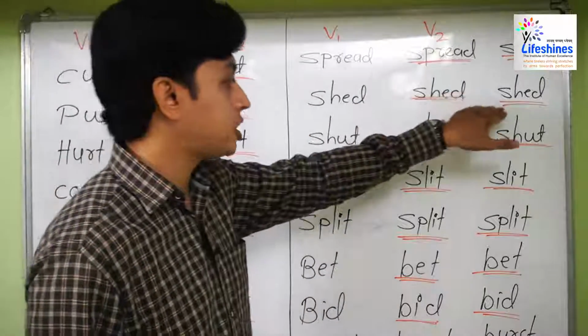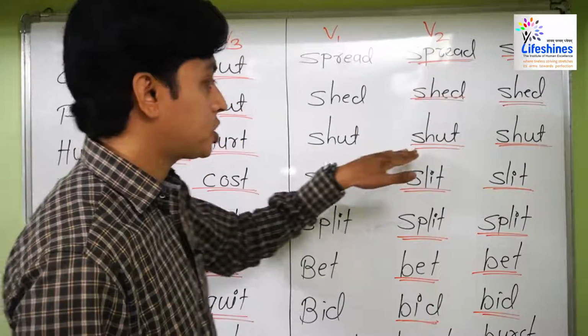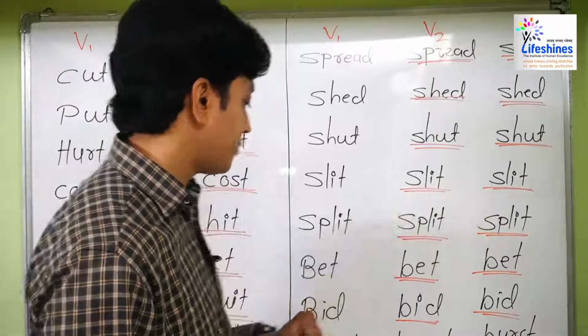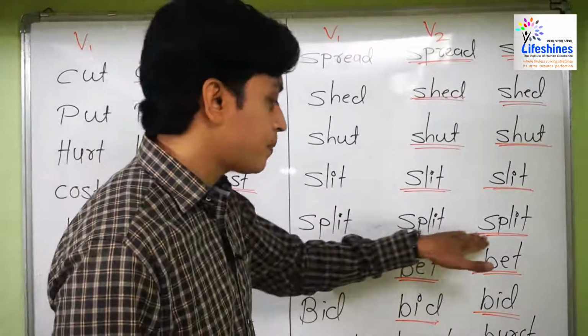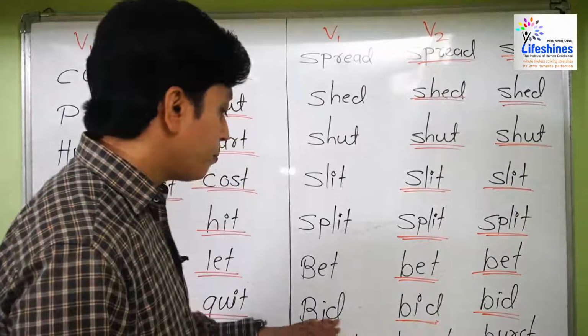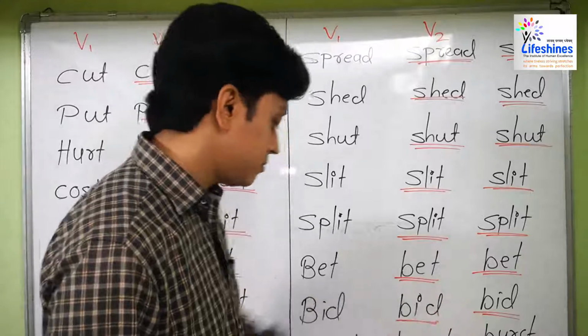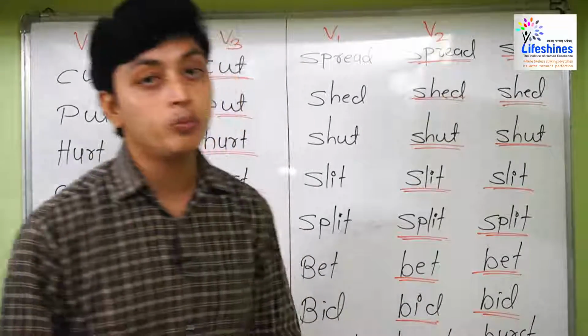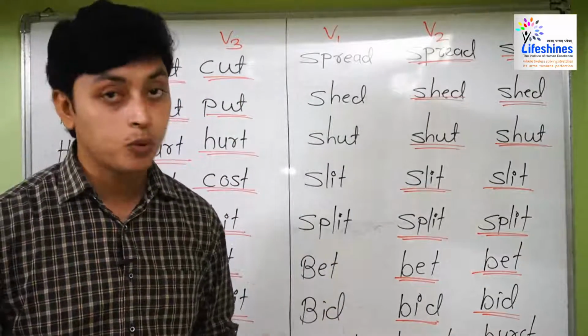Shade, shade, shade. Shut, shut, shut. Slit, slit, slit. Split, split, split. Bait, bait, bait. Bead, bead, bead. Burst, burst, burst. So you must note down all these verbs if it is possible.